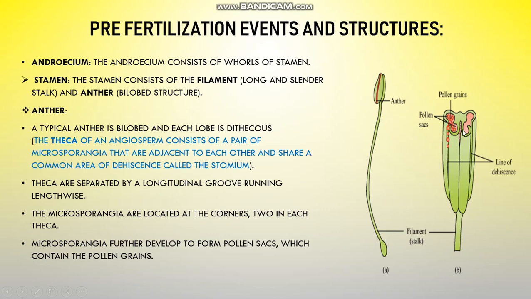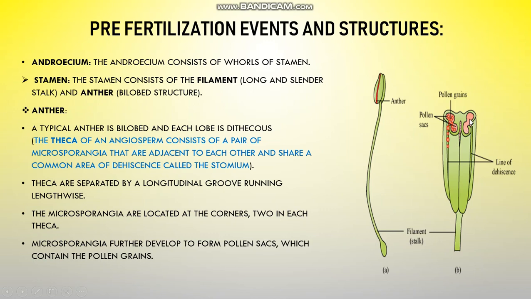This is anther. It has 2 lobes, and inside each lobe there are 2 pollen sacs, which are also known as microsporangia. So in each lobe there are 2 microsporangia. So total 4 microsporangia are there inside a bilobed anther.